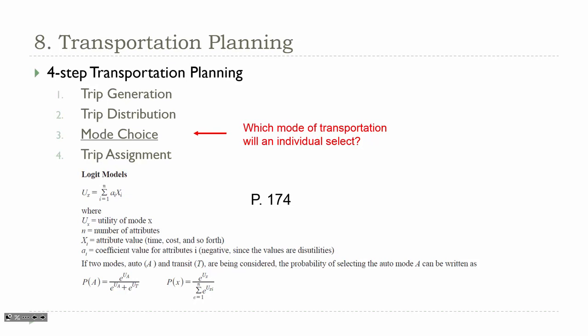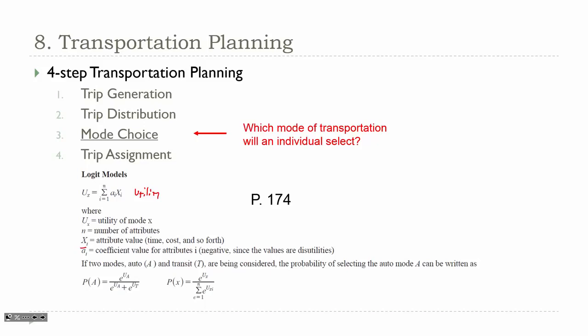Mode choice. So this is trying to pick between bus, personal car, plane, walking. There's two equations. This logit model or utility function would exist as an equation for each mode, and then you plug in the attributes.